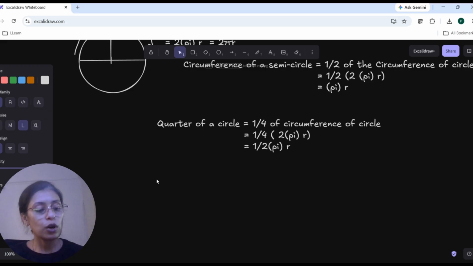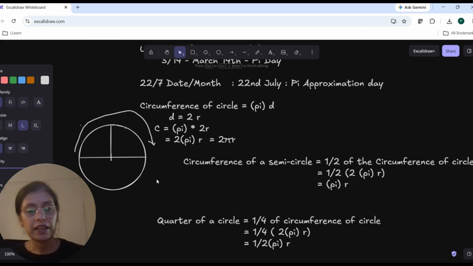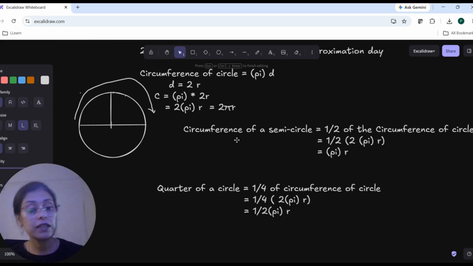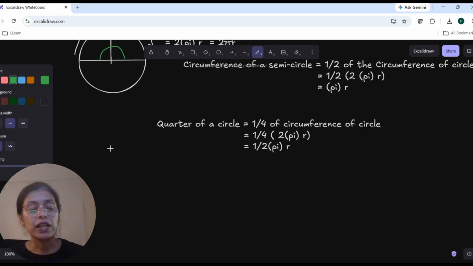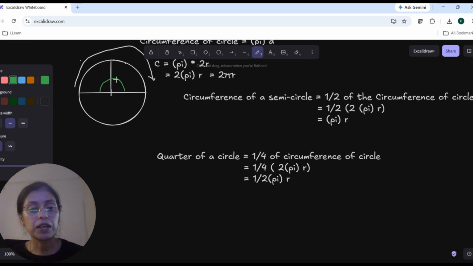Okay, so if we start seeing it in a different light in terms of angles, right? So semicircle, what is the angle which semicircle subtends at the center? Semicircle makes a straight line. This is the diameter. It's a straight line. So it is subtending an angle of 180 degrees.